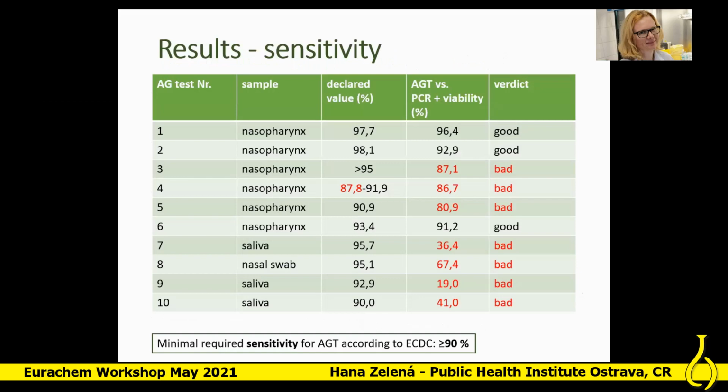And here is the first result. In this slide, you can see the results of sensitivity. You can see 10 tests, 6 of them from nasopharynx, 3 from saliva, 1 from nasal swab. And in column number 3, you can see the values of sensitivity declared by the manufacturers.